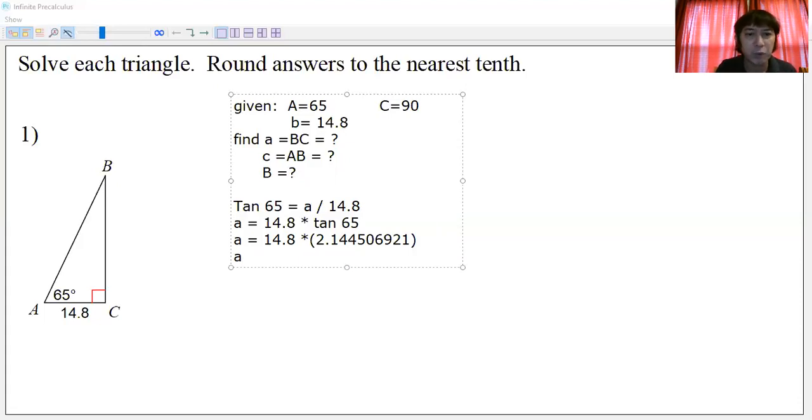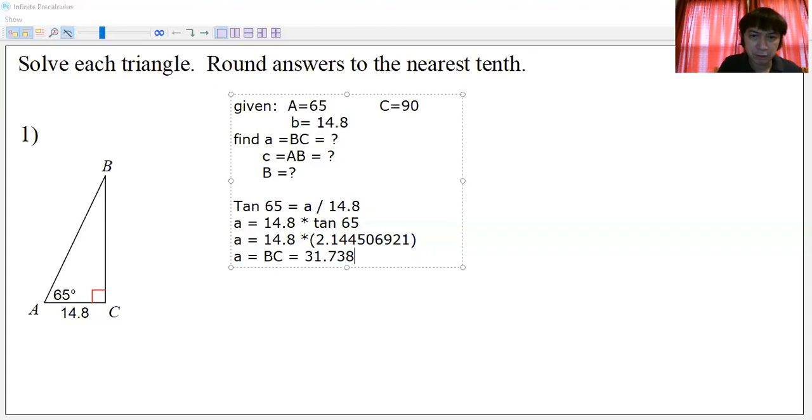Side A, or BC, is just another name for side A. They are both names of the same side, the opposite side of the angle A. The answer is 31.7. It says we're supposed to round answers to the nearest tenth. So this is 31.738.